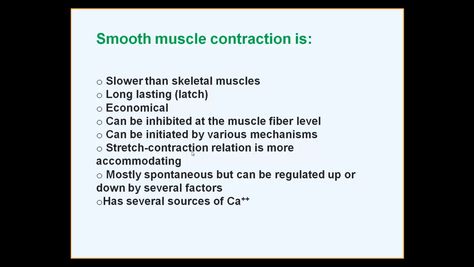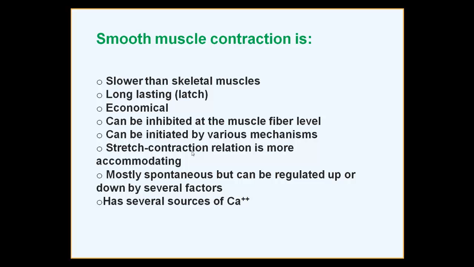And the final point is the sources of calcium. Unlike the single source we had when we were talking about the skeletal muscles, which was coming from the sarcoplasmic reticulum stores, here we have multiple places. It can come from extracellular sources or from intracellular sources.